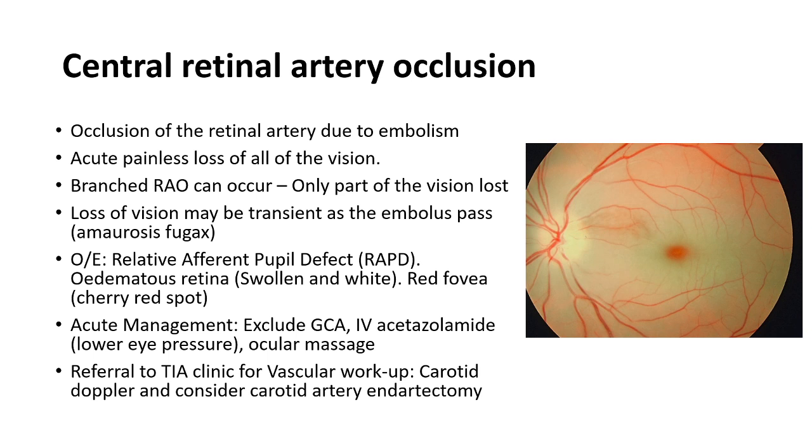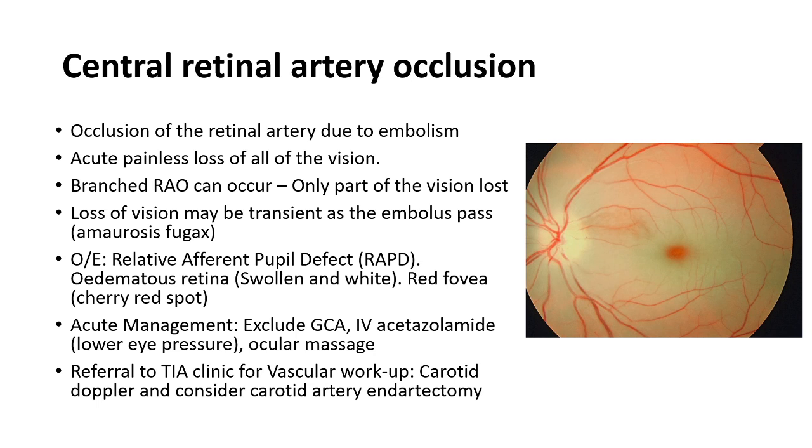Acutely, the most important step after identifying central retinal artery occlusion is to investigate for and rule out giant cell arteritis by measuring the ESR. Giant cell arteritis is an important differential of acute visual loss, and it is an emergency which should never be missed.